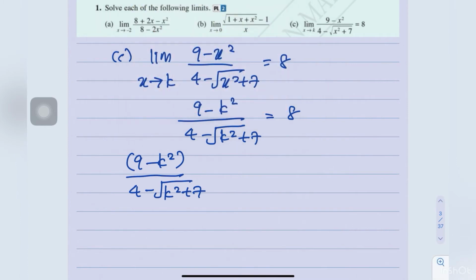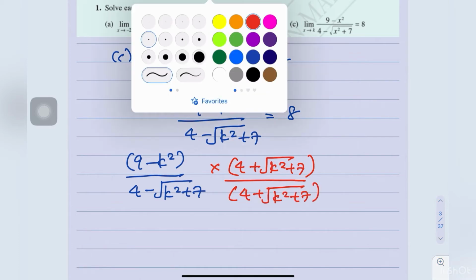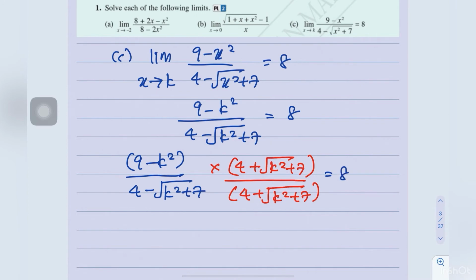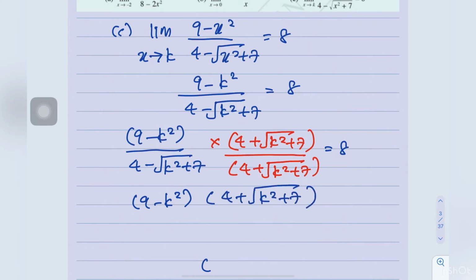The conjugate is for the denominator, so times (4 plus square root of (k squared plus 7)) over (4 plus square root of (k squared plus 7)), equals 8.